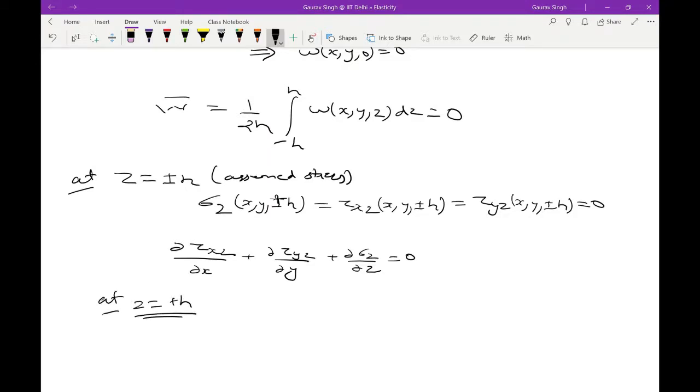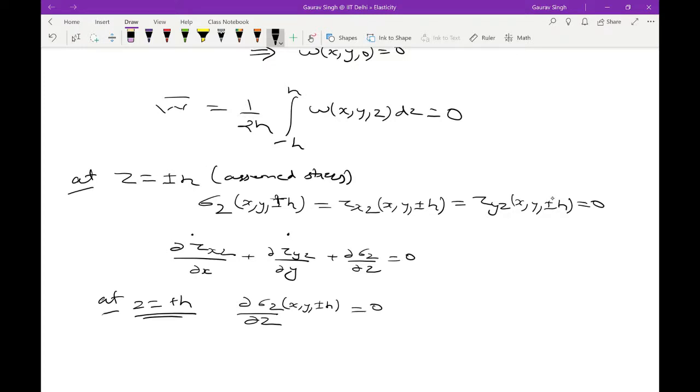At z equal to plus minus h, this term will be 0, and this term would be 0. So what you would be left with is dou sigma z by dou z at (x, y, plus minus h) is equal to 0.